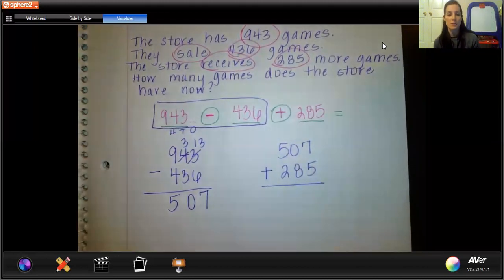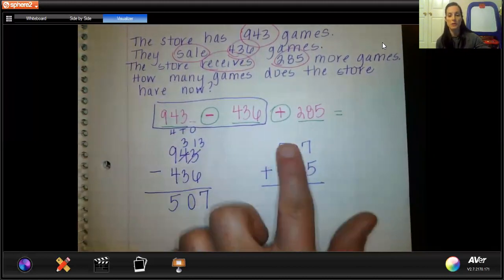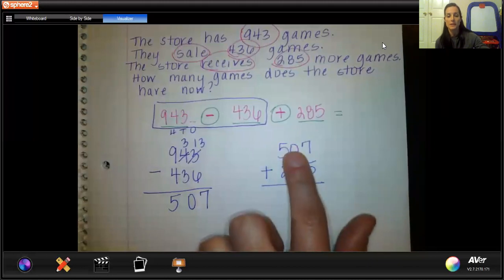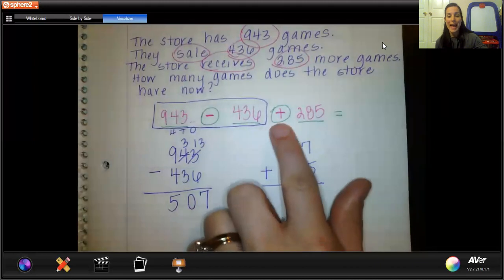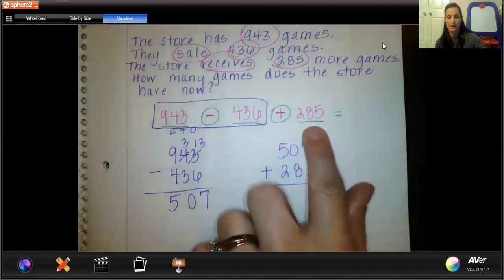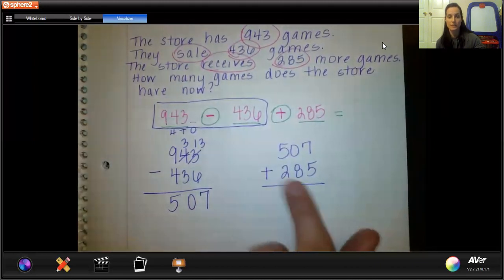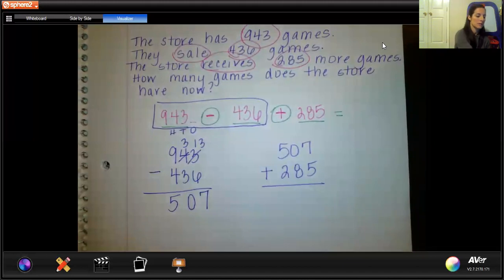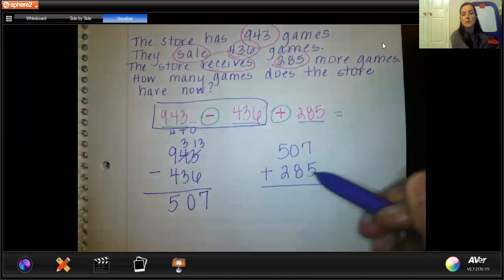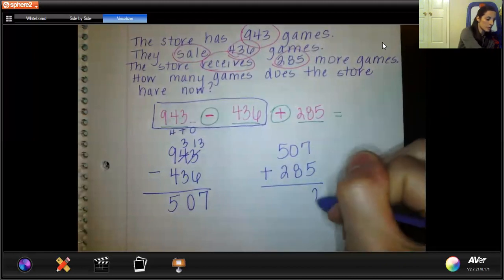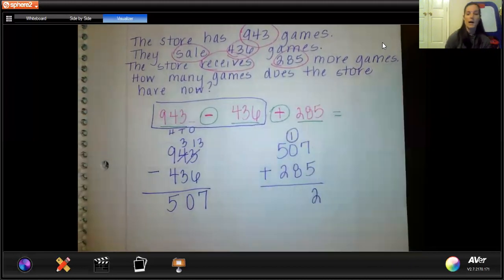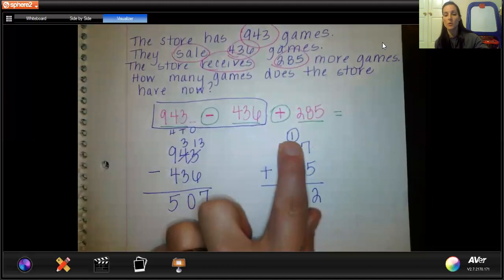Now, this is extremely important. We need to make sure that we are using the correct sign. So I have 507. I'm going to add 285. I'm going to add 5. I'm going to have 12. I don't want to forget about that 1.